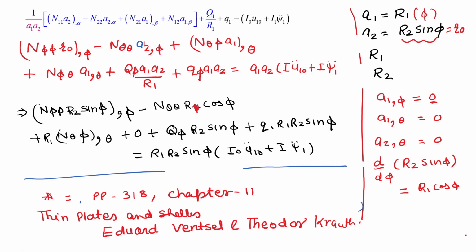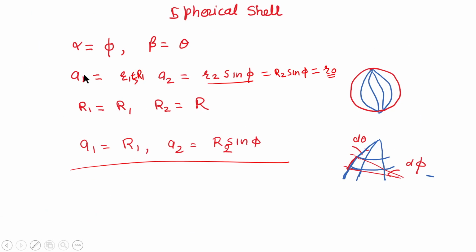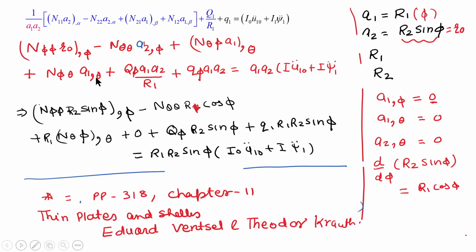Till now it was very comfortable: in the first equation we had 1 by a1 a2. Now let us say a1 is our r1 and a2 is r2 sin phi. So, in the bottom coordinate r sin phi comes into the picture. In this situation we do not want trigonometric terms at the bottom; at most we can have only the radius.